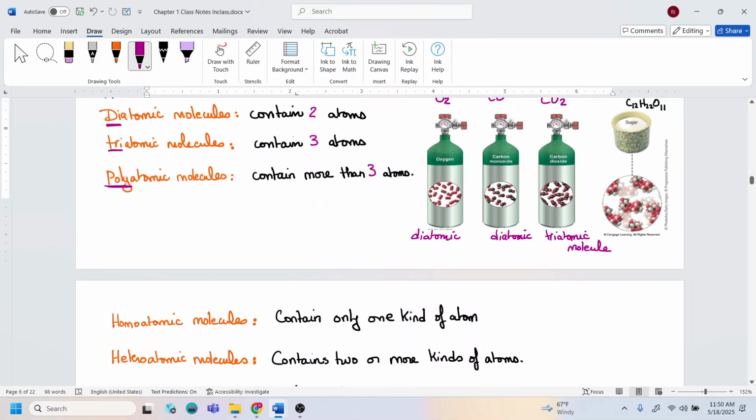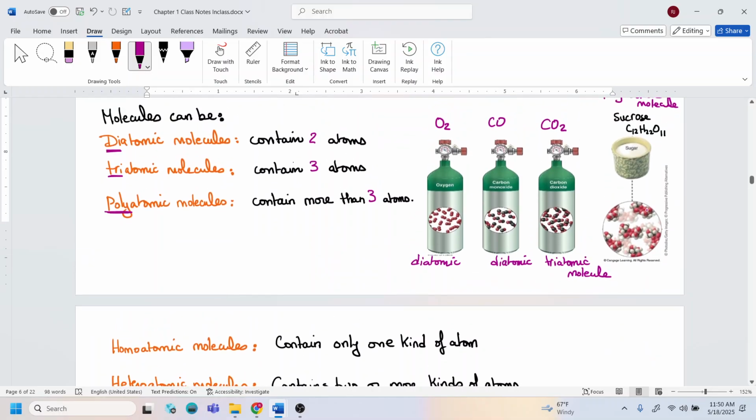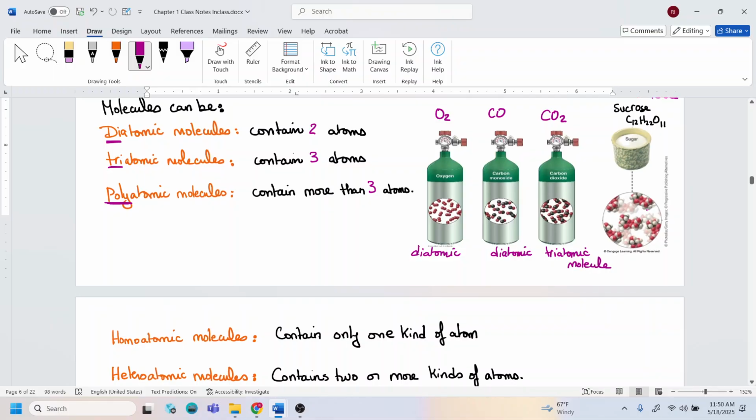Also, molecules are classified based on the type of atom that they are made up from. If all of the atoms are the same, then we call this a homoatomic molecule. For example, oxygen is diatomic and homoatomic at the same time.